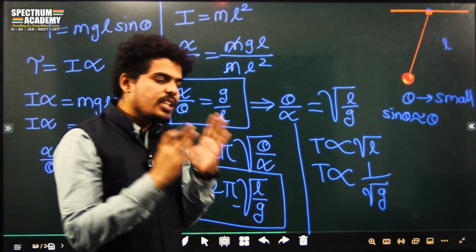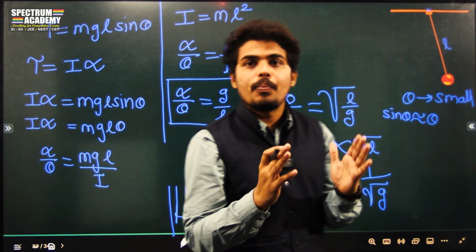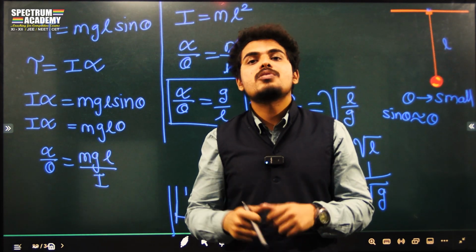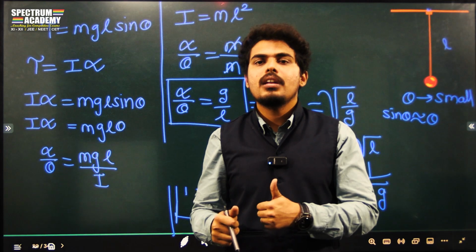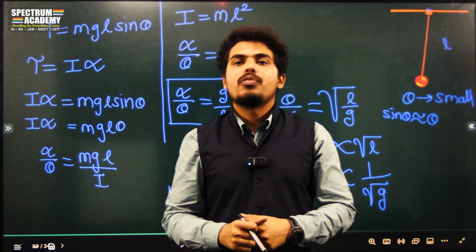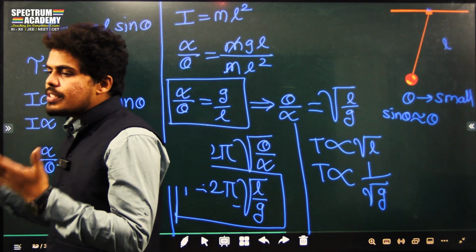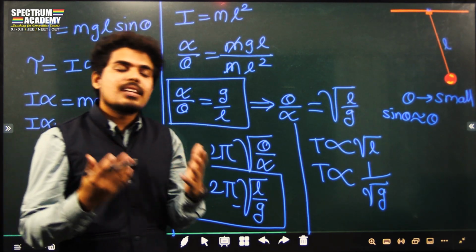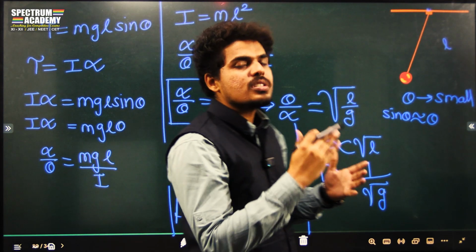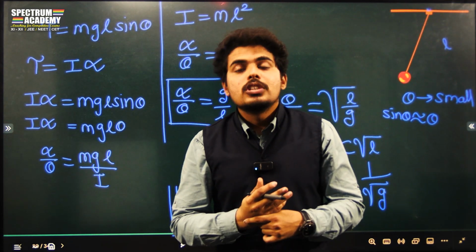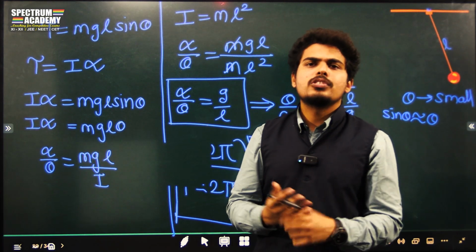The torque due to the centripetal force, T minus mg cos θ, is 0 because the angle between the radius vector, that means the length vector, and the centripetal force is 0. Torque is rF sin θ, the sine of the angle between the force and the radius vector. In the first case the angle is 0, so the torque due to the centripetal force is 0.